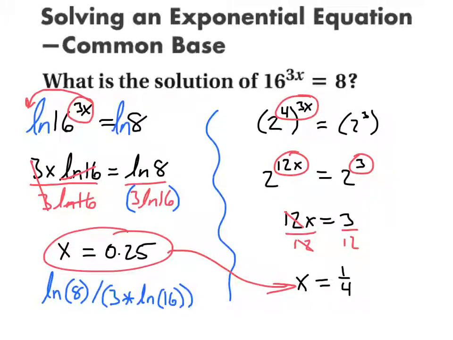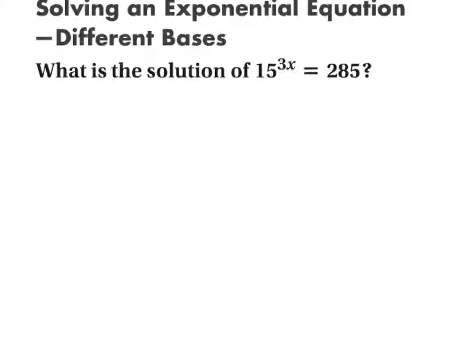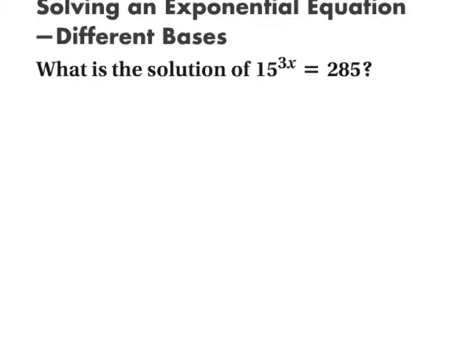So let's try another one. For example here, what is the solution of 15 to the 3x power equals 285? Well, in that problem, there is no way of rewriting 15 and 285 to have the same base. 15 is just 15 to the first power, but 15 squared is 225.